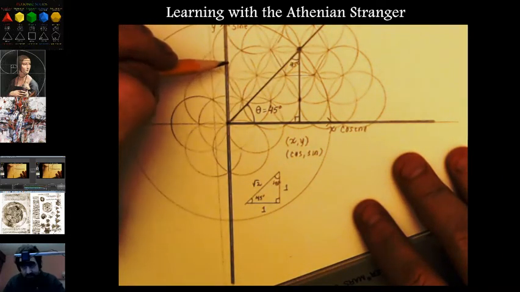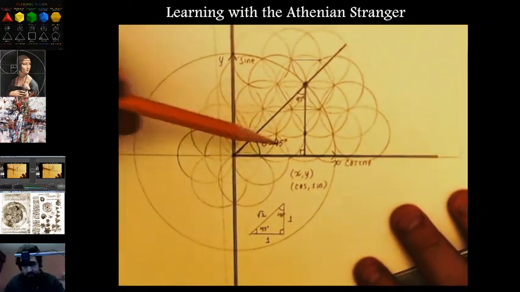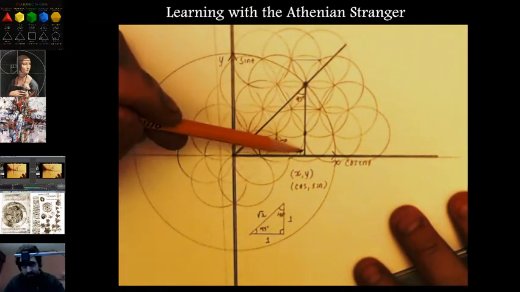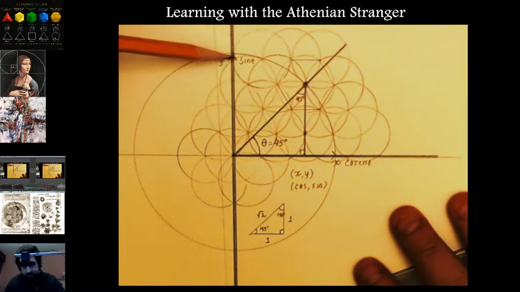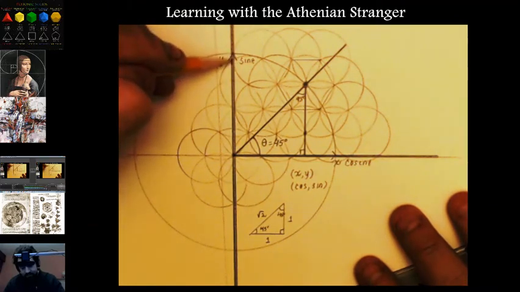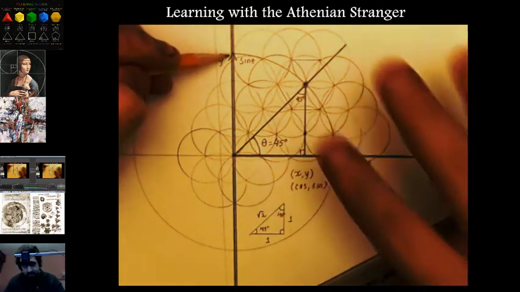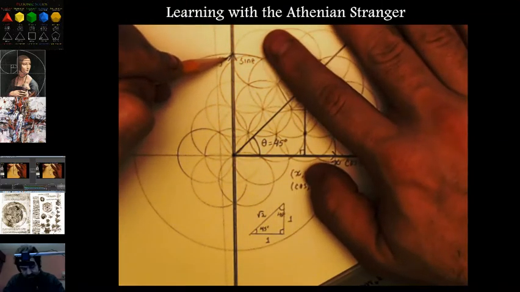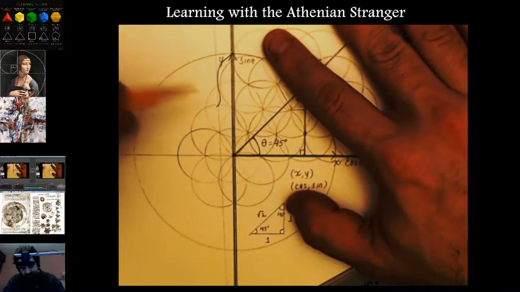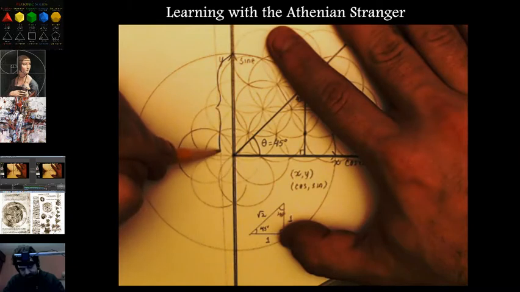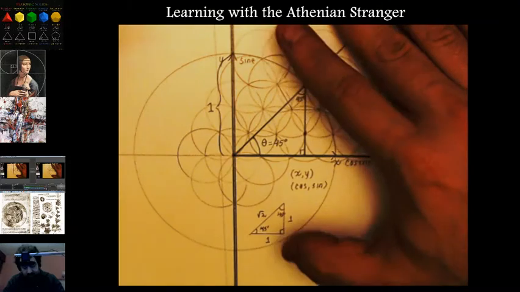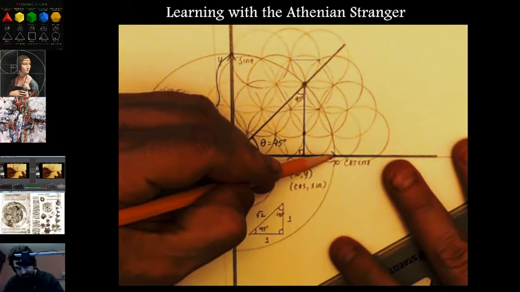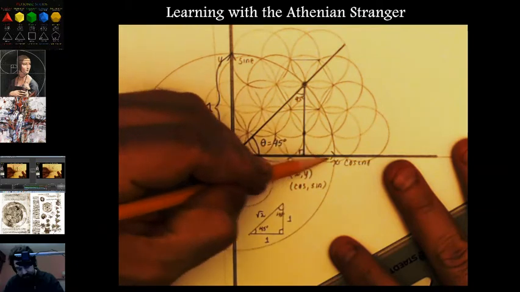In trigonometry, we know that this distance is not 1. It's something less than 1 because this distance is 1. We know that the distance from the origin to the point at which the circle crosses the y-axis is 1. That would be the sine of 90 degrees is 1. Just as we know the distance here to here is 1.